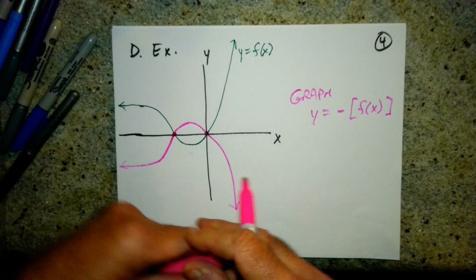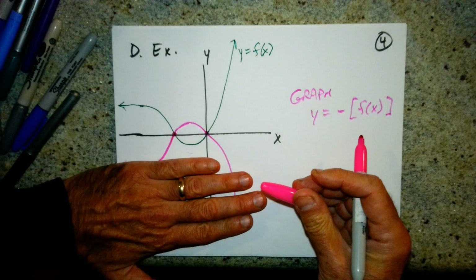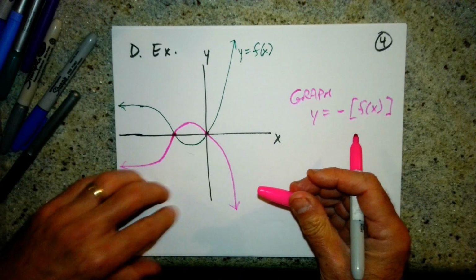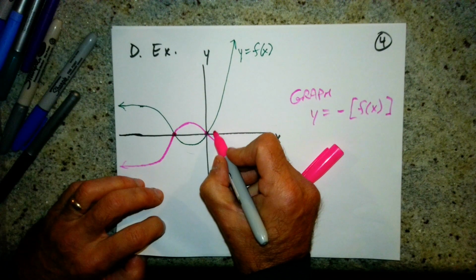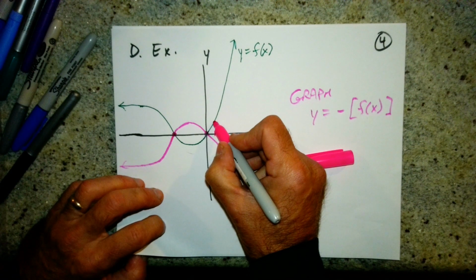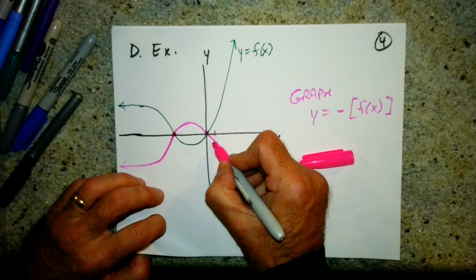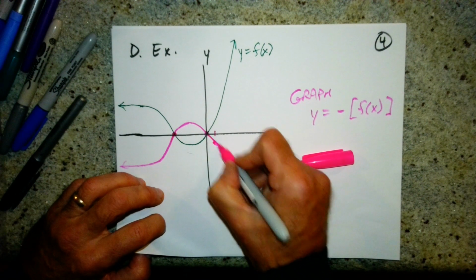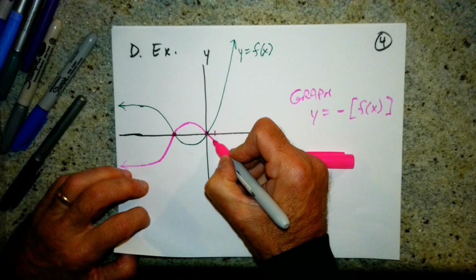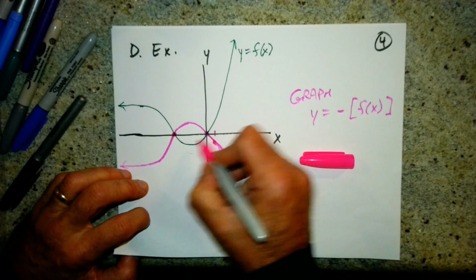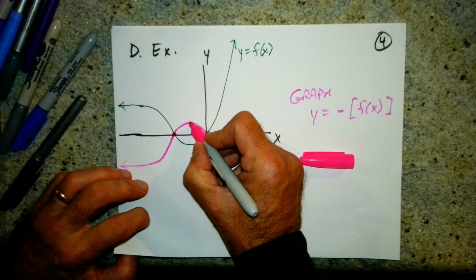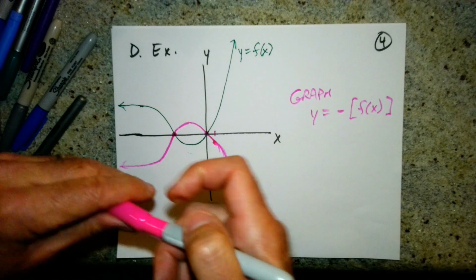Alright, so that's what you would get if you reflected the green one across the x-axis and got the pink one. For any x value, the value in the green one, you find the corresponding mirror image point down here where the y has its opposite sign. So when the original y is negative, the new y is positive, etc.